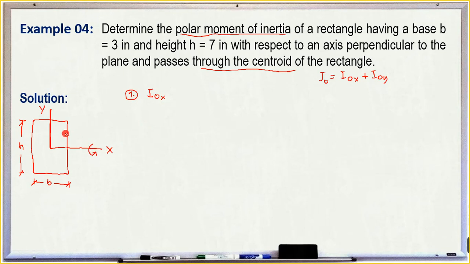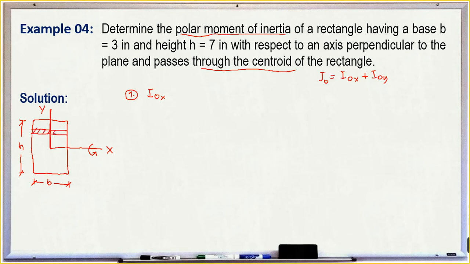Same as what we did in the parabola, we represent a rectangular strip, and that rectangular strip should cover our object and should be parallel to our axis of rotation. So let's draw it.